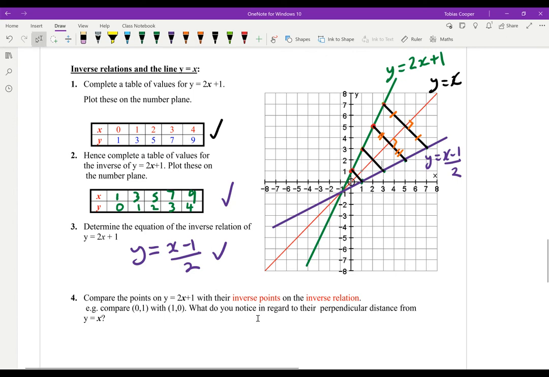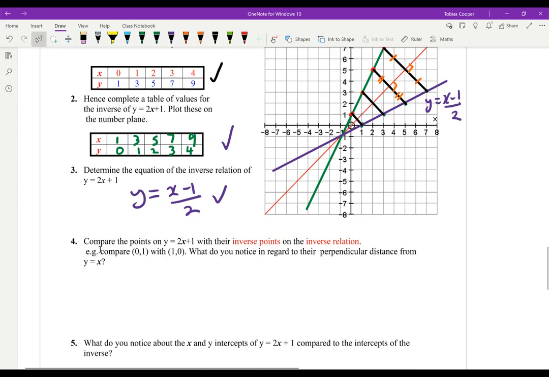Okay, so it says on number 4, compare the points. What do you notice in regard to the perpendicular distance from line y equals x? Well, the perpendicular distance is the same. Okay, so what we're saying is this distance here is the same as that distance there, for example.